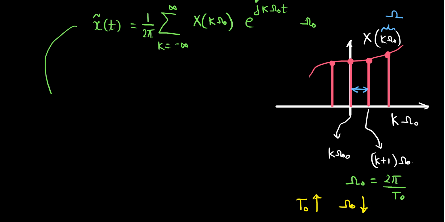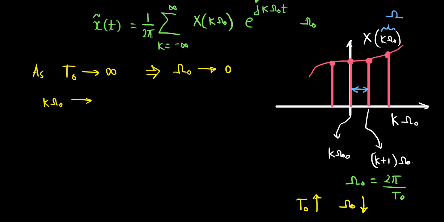So t naught tends to infinite, that means omega naught tends towards 0. So this k omega naught becomes a continuous variable. Let that be omega, so that is continuous.